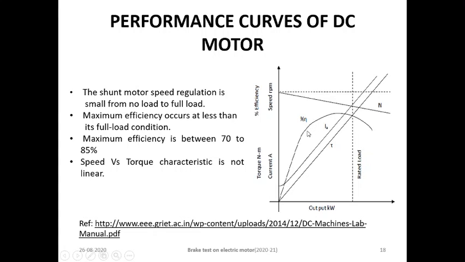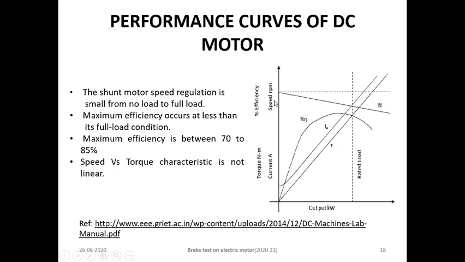As I told before in the previous slide, it is because of the losses. The maximum efficiency is between 70 to 85 percent. After that, it starts to decrease, and this plot gives you the efficiency of the motor.